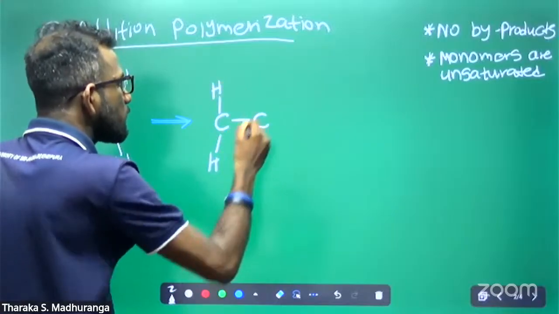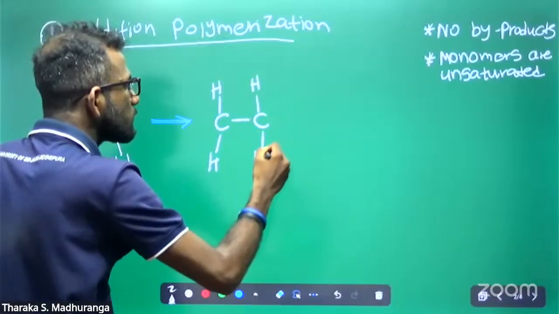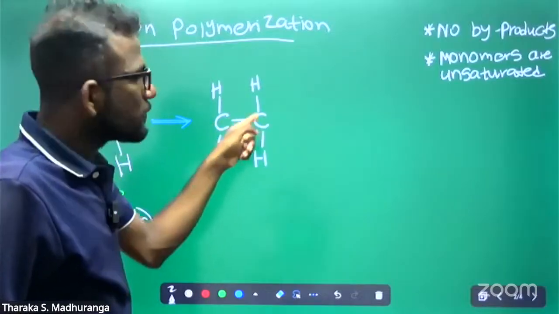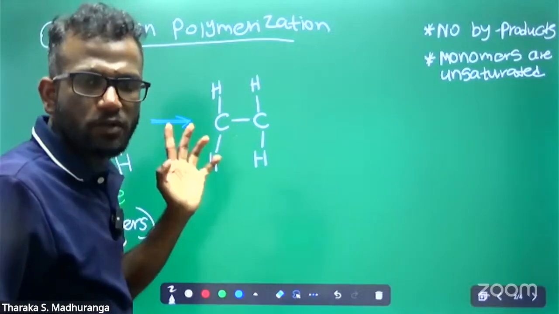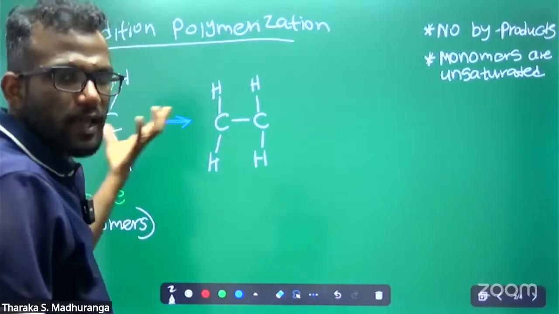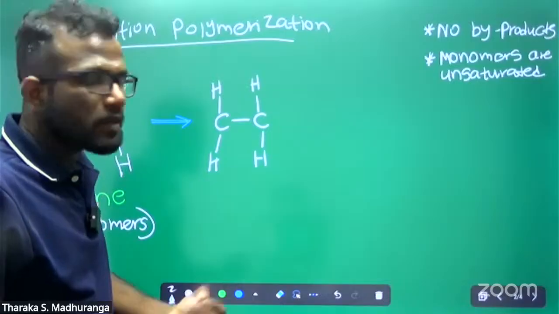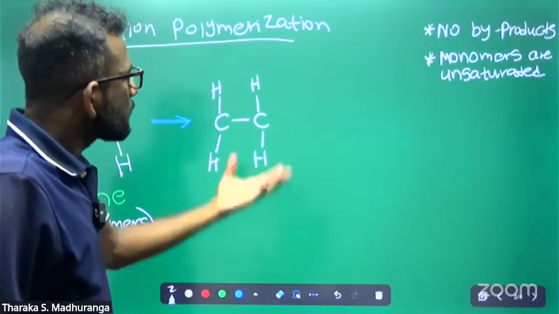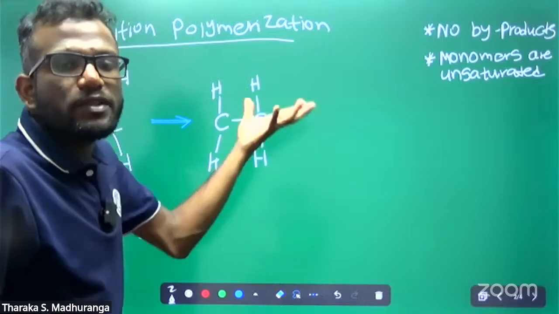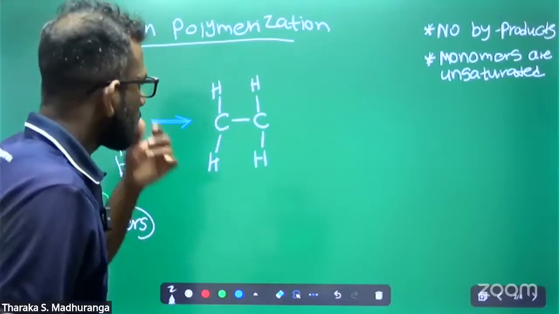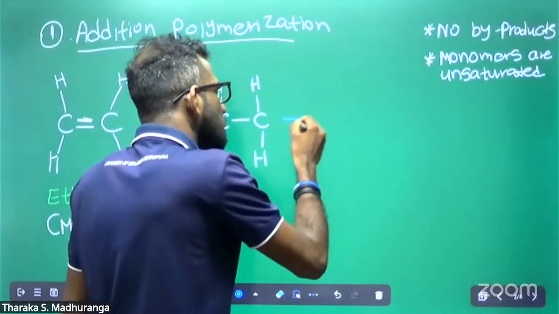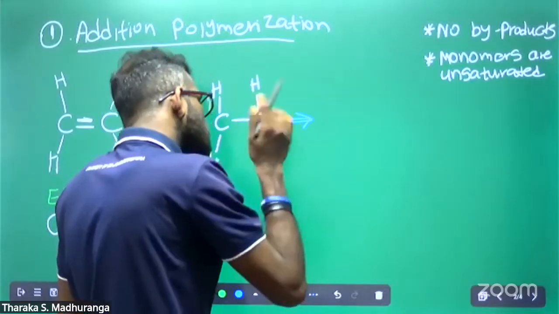You can see this carbon has only 3 bonds, and this carbon also has 3 bonds, not 4. One bond in ethene is broken down. Therefore both carbon atoms can bond with other carbons.